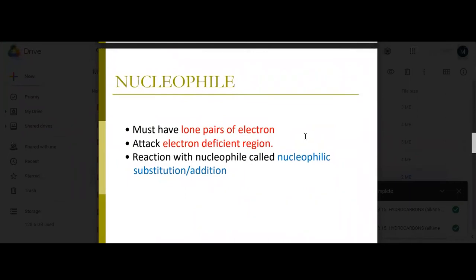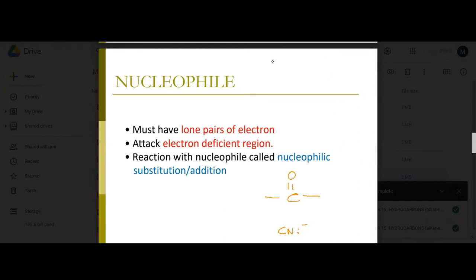Reactions with nucleophiles will be called nucleophilic substitution or nucleophilic addition. Since a nucleophile has lone pairs, it will attack the electron deficient region. So let's say I have a ketone group, like this, and I have CN minus.